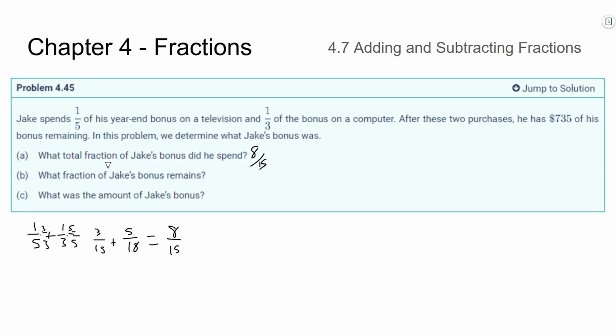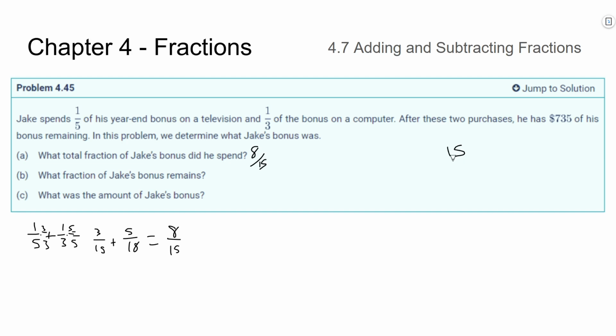Okay, what fraction of Jake's bonus remains? Well, we know that the whole is going to be 1. So it started with a whole bonus, which would have been 15 out of 15.